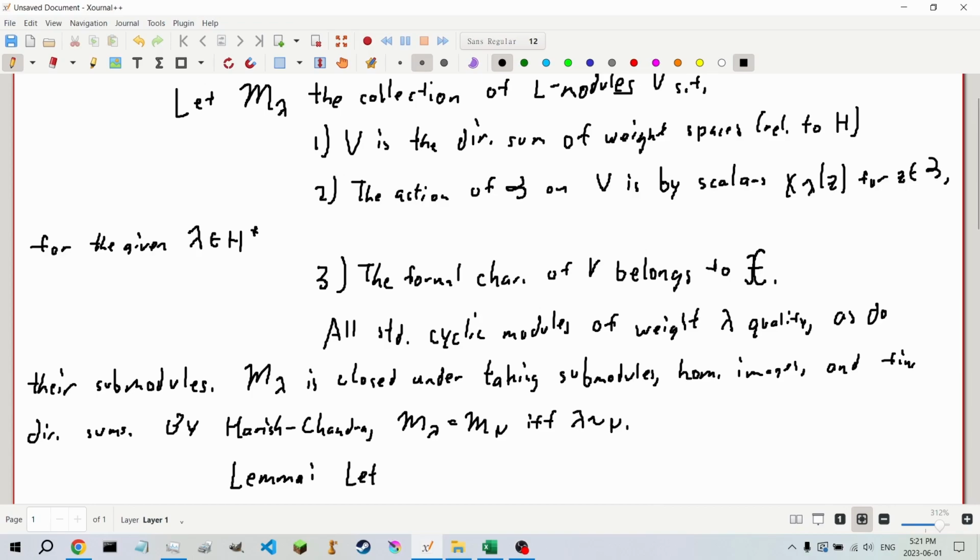Let V be such an L module. Then V has at least one maximal vector.